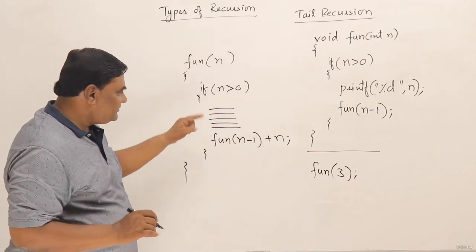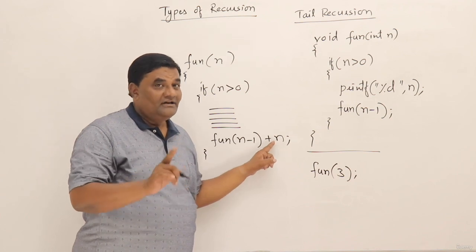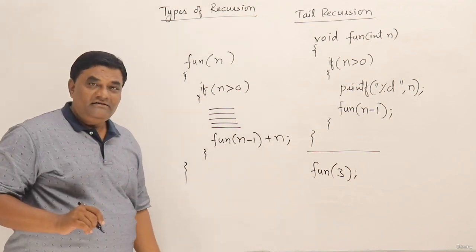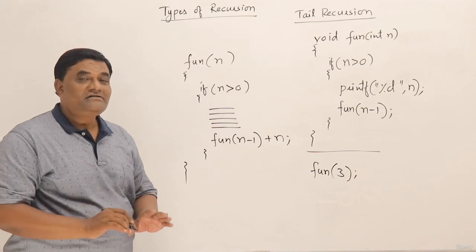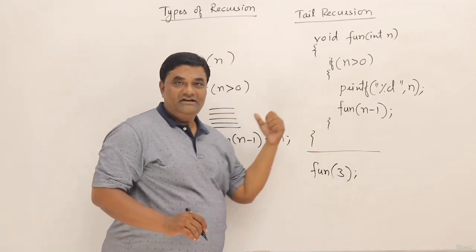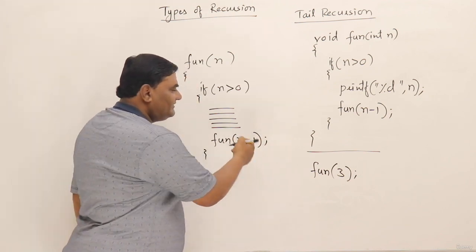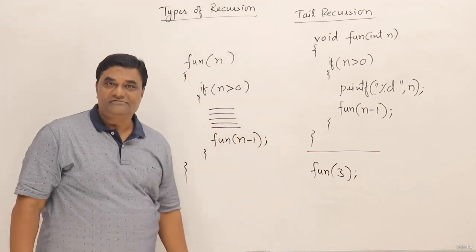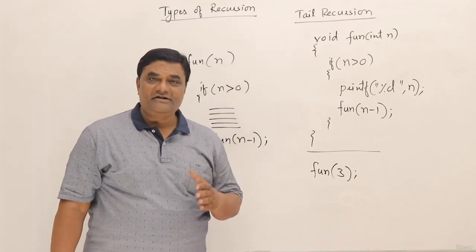So in this function, there is something remaining that has to be performed at returning time, so it cannot be a tail recursion. Tail recursion means at returning time, it doesn't have to perform anything at all. So this is a perfect example of tail recursion, or else if I remove any processing here, then it is a tail recursion. Now next, I will compare tail recursion with loops.